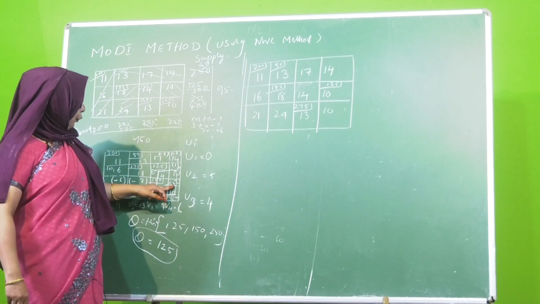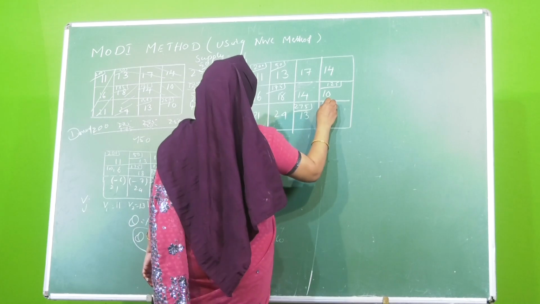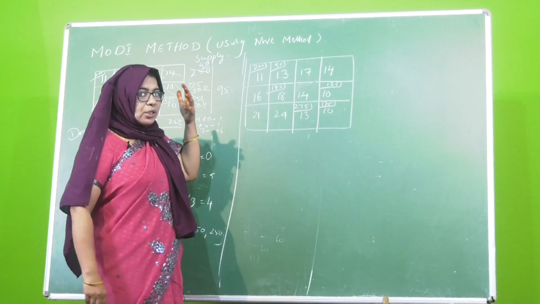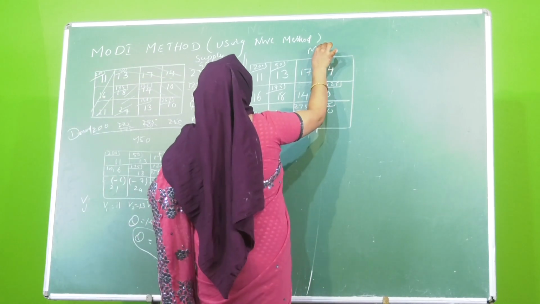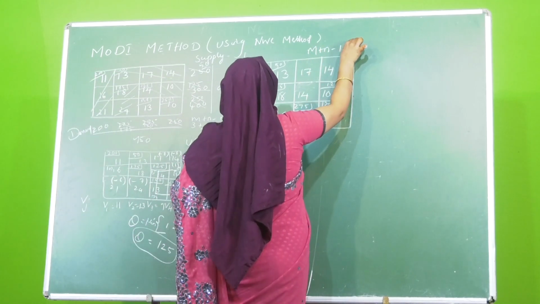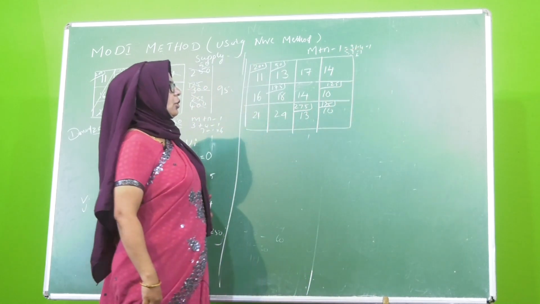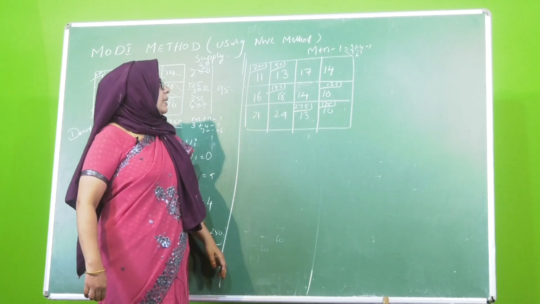And 250 minus 125 is 125. You have to check again and again: m plus n minus 1, that is 3 plus 4 minus 1, 7 minus 1, 6 original allocations: 1, 2, 3, 4, 5 and 6.